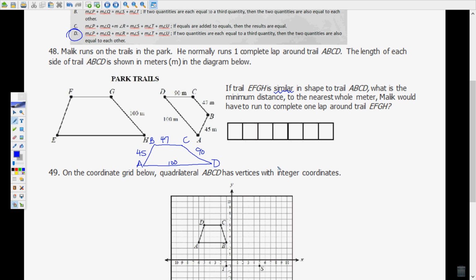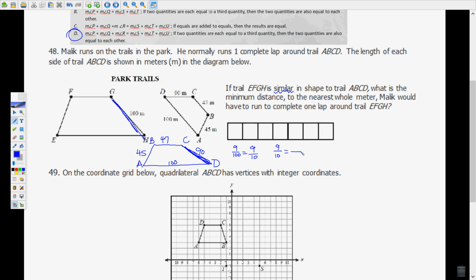Now, because they're similar, I can come up with a ratio because CD matches up with GH. So I can do my ratio and say it is 90 over 100, which will be 9/10, and that's going to be my ratio for each of the sides of my trapezoids. So I can do that for every side.